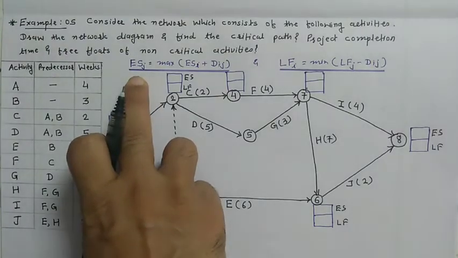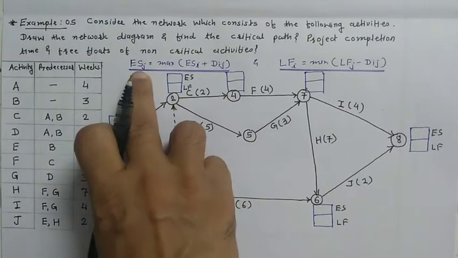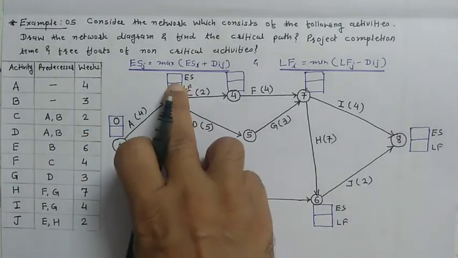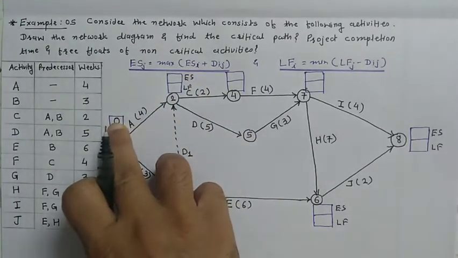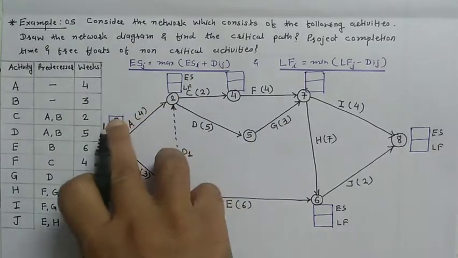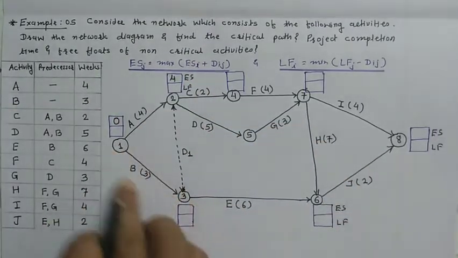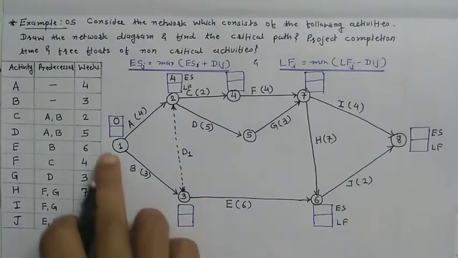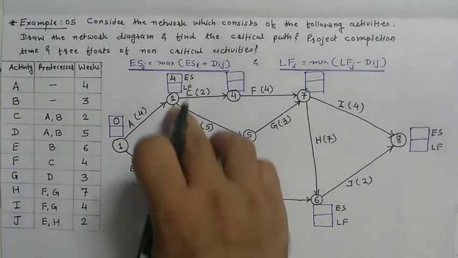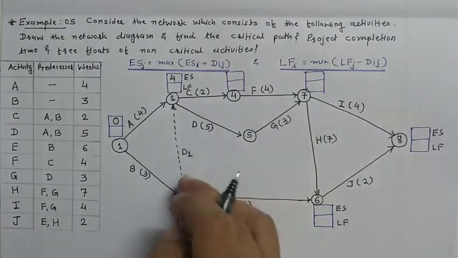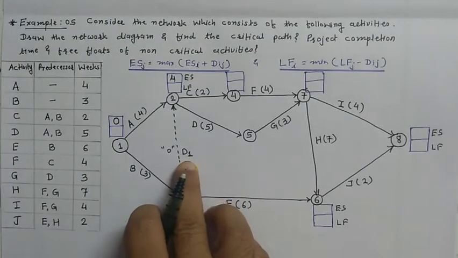Now see this equation: ES_j, earliest start time of head event. J is the head event. Earliest start time of head event is equal to the maximum of earliest start time of tail event plus D_ij, the duration. So 0 plus 4 is equal to 4 for activity B. Activity D is a dummy activity, and its duration is always 0.